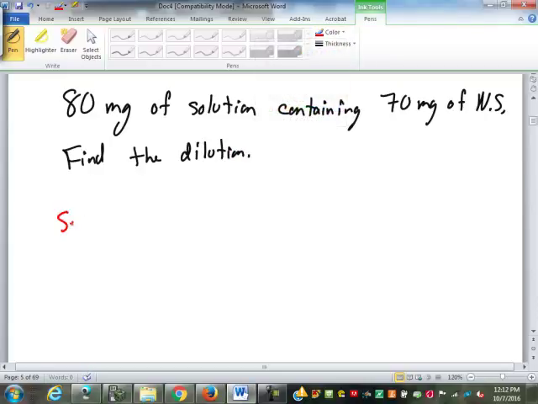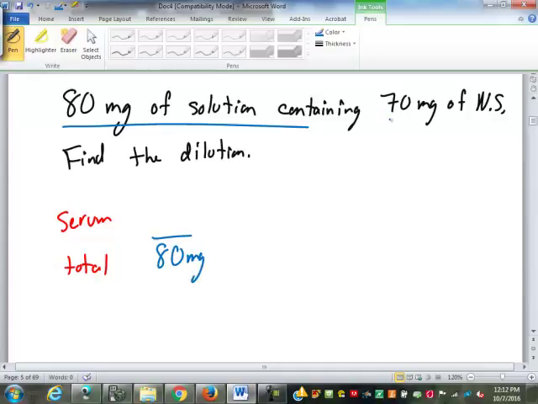So again, dilution is always going to be serum to total. Let's look at what we have here. Well, the 80 milligrams is our total, so I can go on the bottom. Oops, can't lose a zero. The 70 milligrams, however, is not the serum. That is the saline.